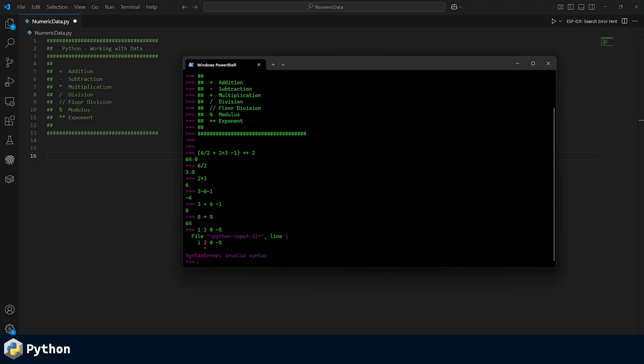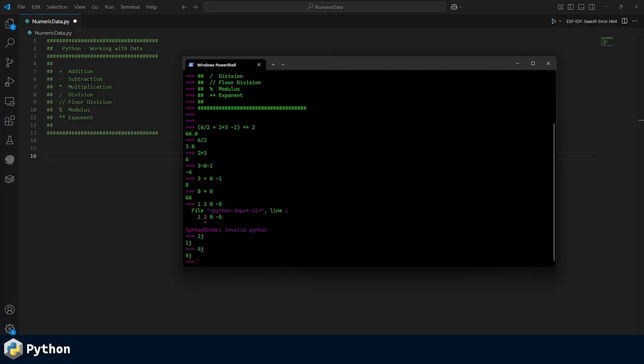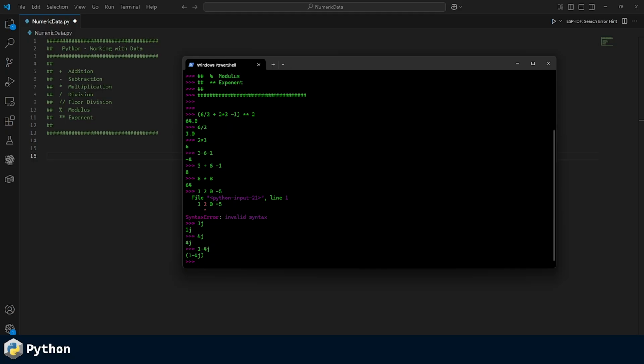And then you have your float numbers, which are things like 1.2 or 3.6 or 99.99876. And finally, you have your complex types, which are imaginary numbers, square root of -1. So things like 1j or 4j or 1 plus 4j, which yields a complex number.